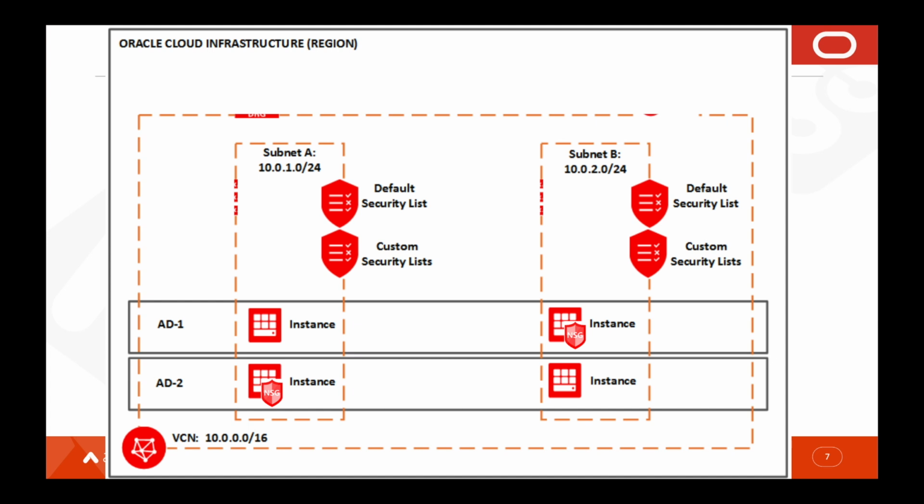Whenever you create a subnet, there is a default security list created for that subnet and automatically associated with it. And in that default security list, you will have a few predefined rules already implemented. You can keep on adding your own security lists, or you can keep on modifying the default security list with new rules.